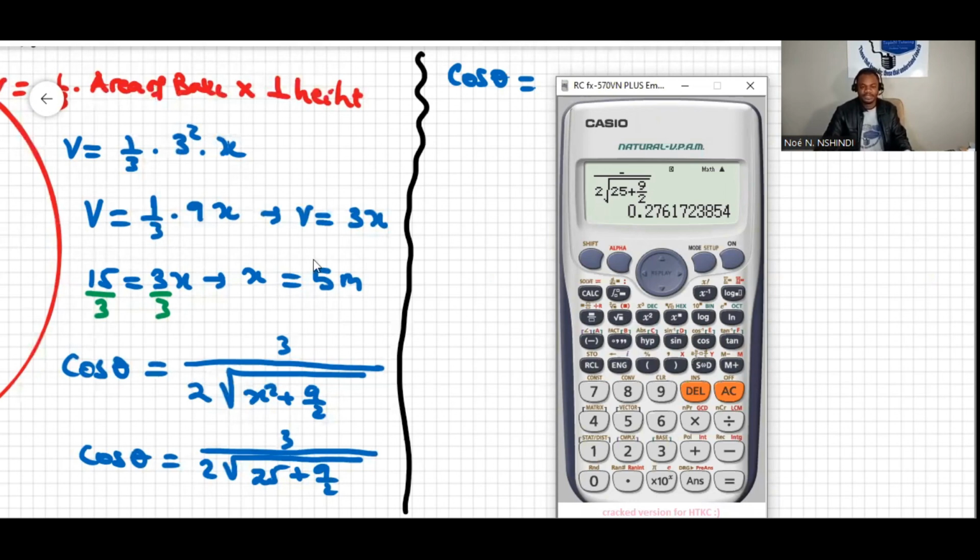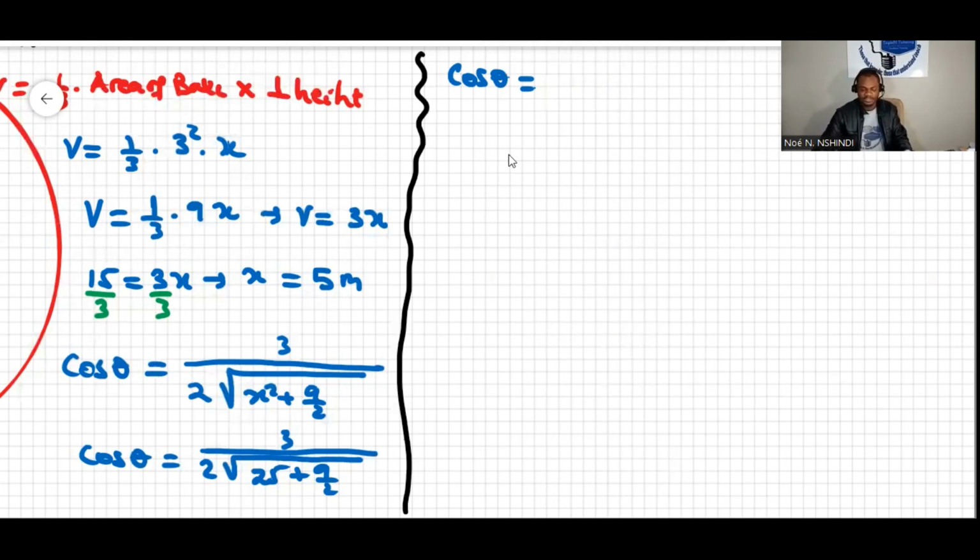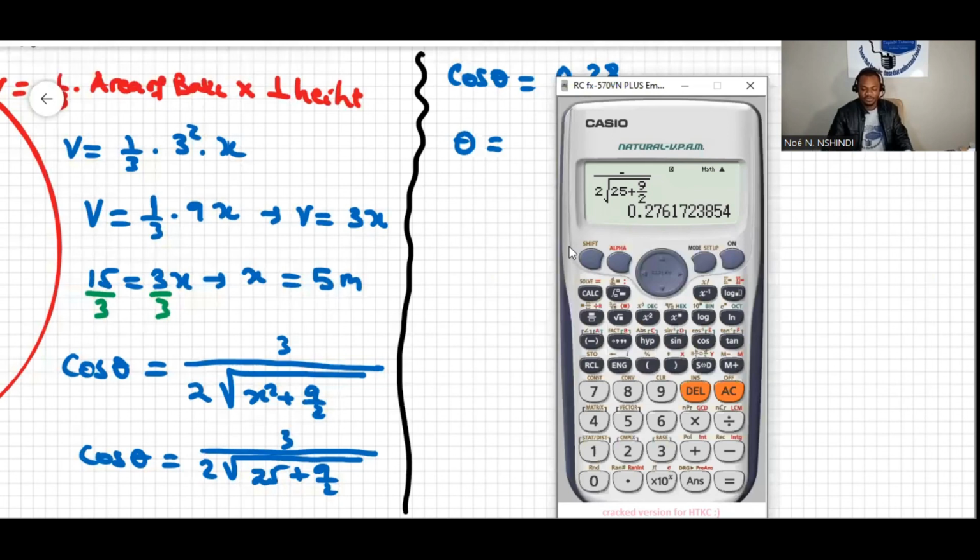we got 0.28. So cos theta is equal to approximately 0.28. So now theta will be, I prefer to keep this value.